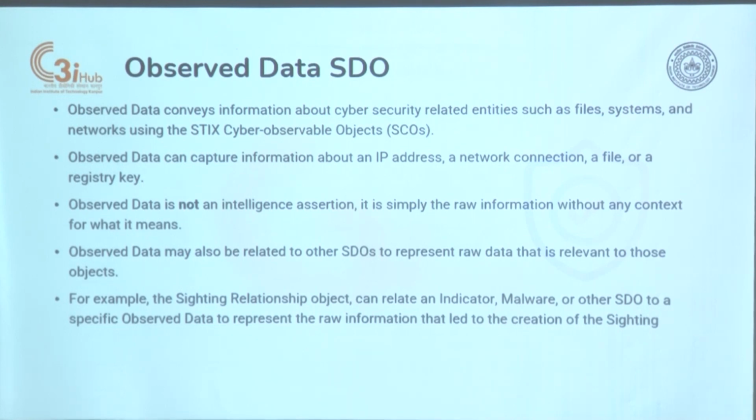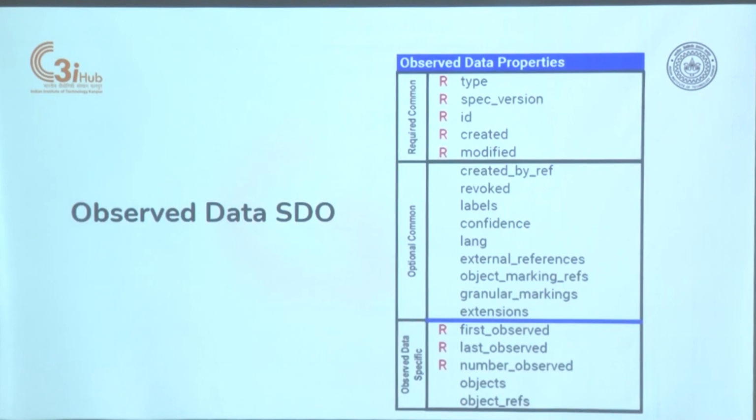So, this is the observed data. It has first observed, last observed, number of times it has been observed, what kind of objects have been observed, observed reference. Usually this would actually be related to these SCOs or cyber observables.